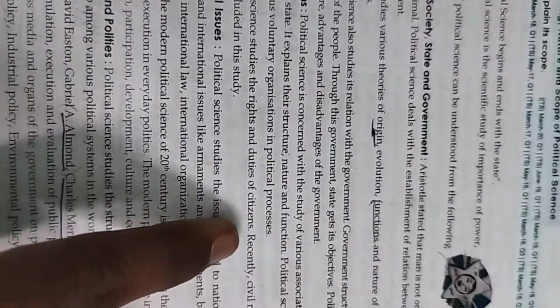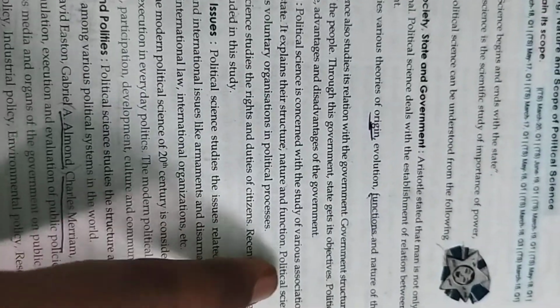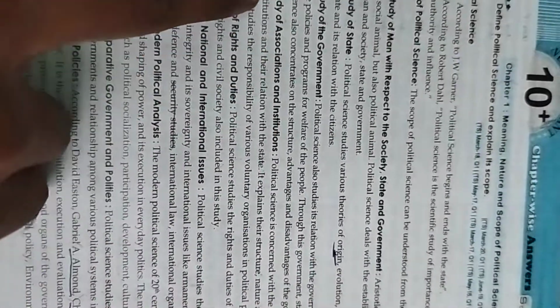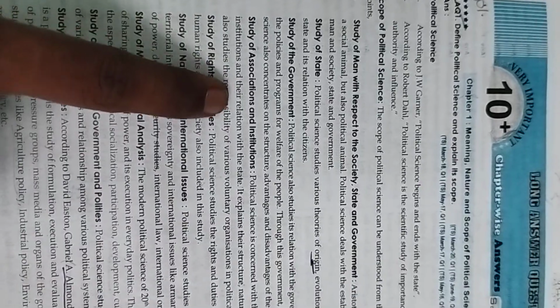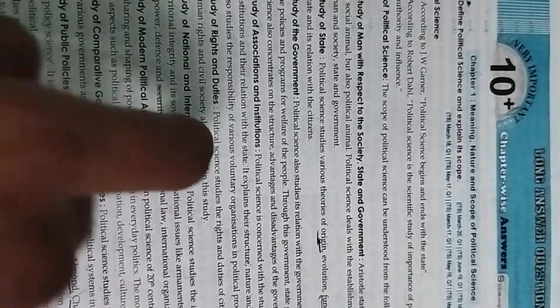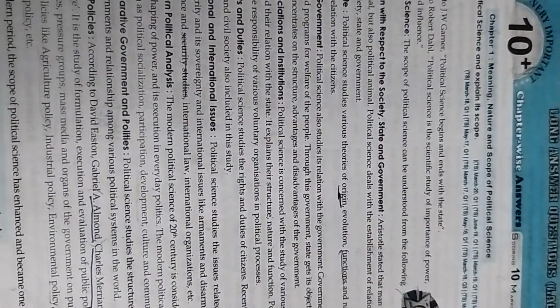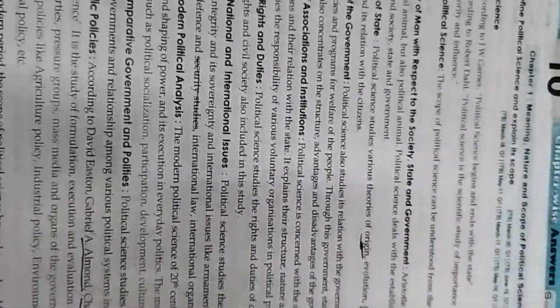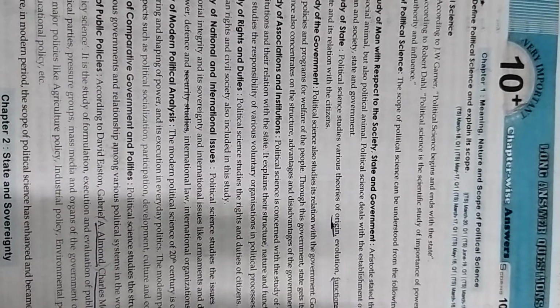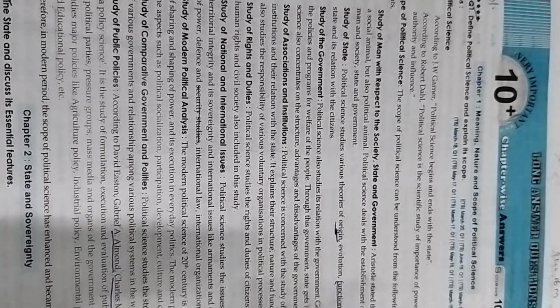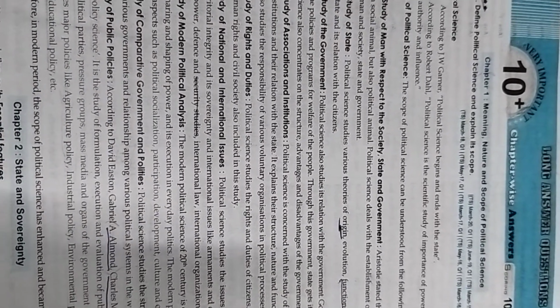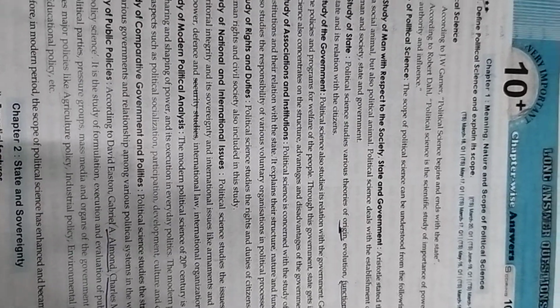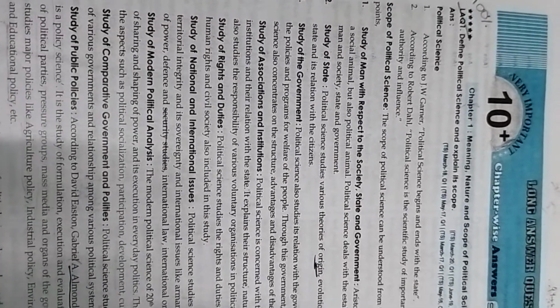Political science also concentrates on the study of the welfare of various associations and their relations with the state. Political science is also concerned with the study of various associations and relation with the state. For example, all associations, schools, colleges, BTech, BCom, political science also studies briefly about institutions.